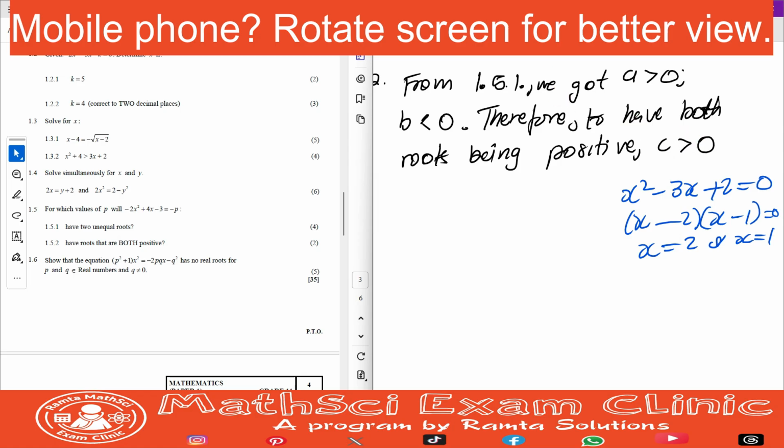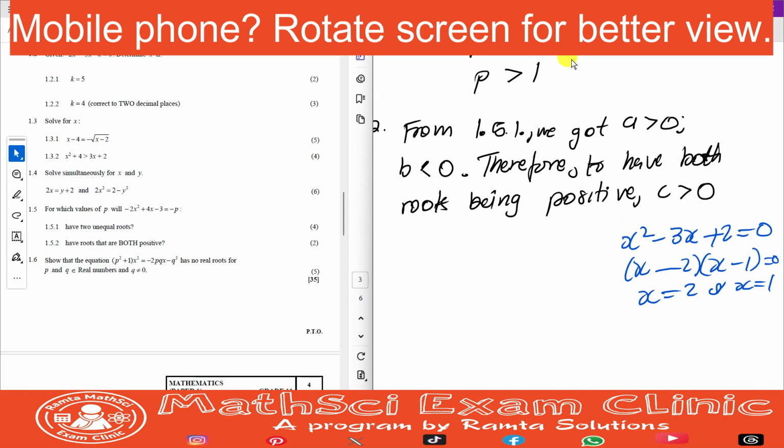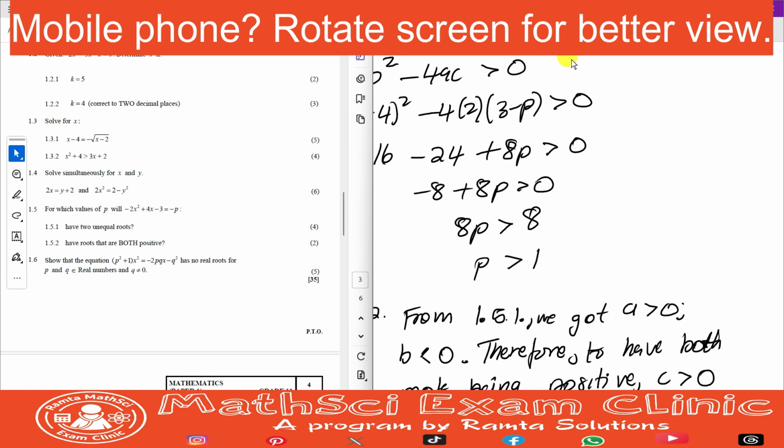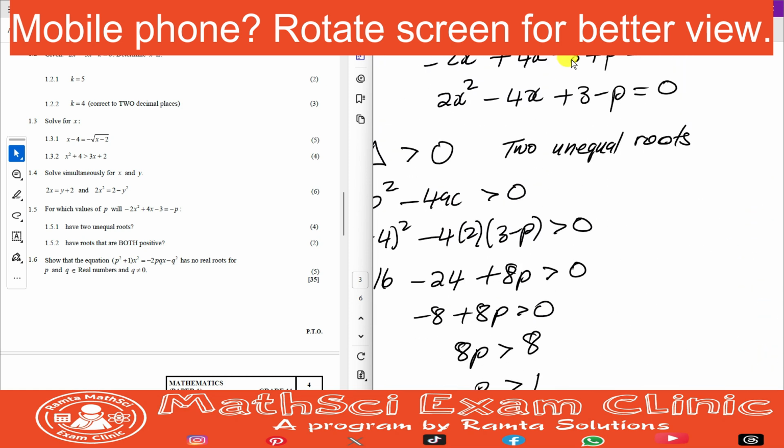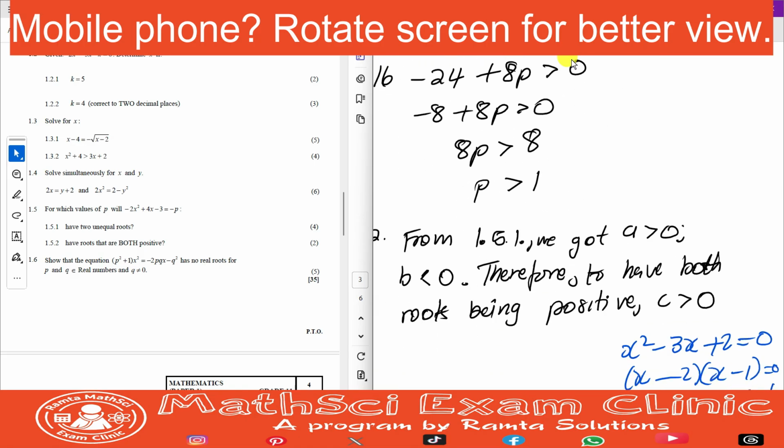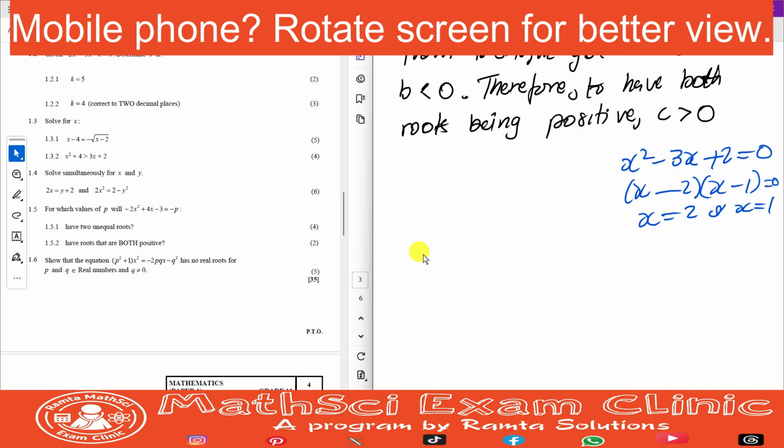So, once again, from 1.5.1, we found that c is 3 minus p. All right? So, c must be greater than 0. And then what is c? It is 3 minus p, isn't it? This must be greater than 0.